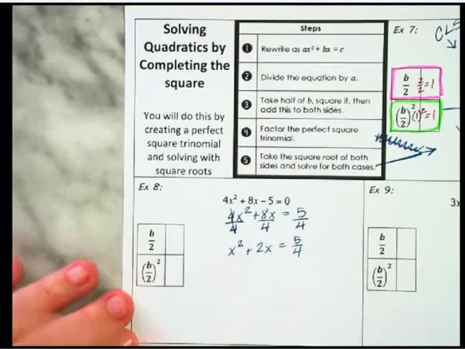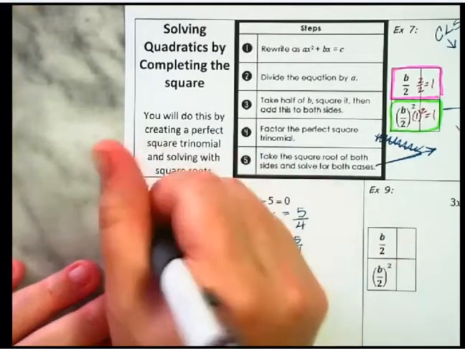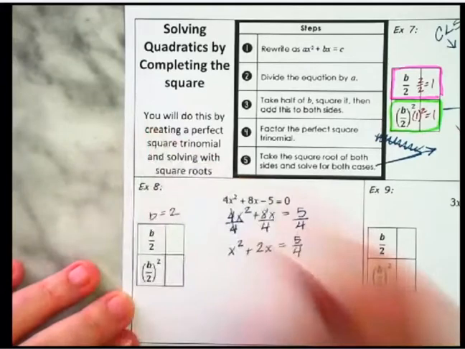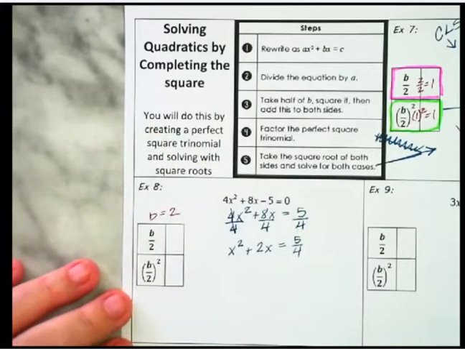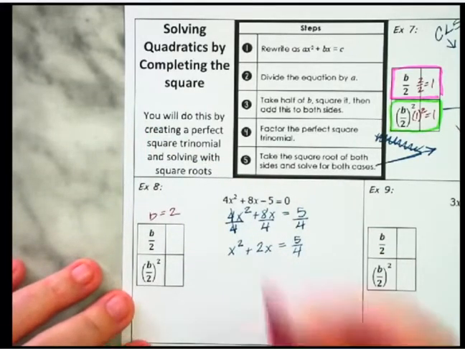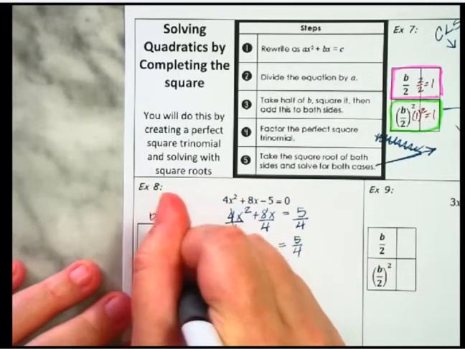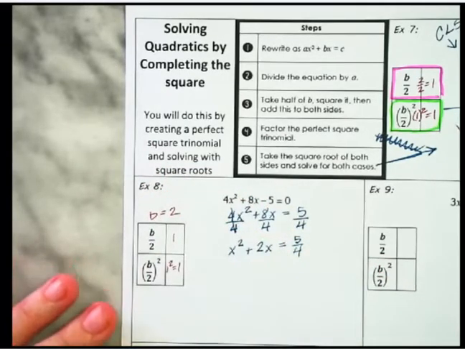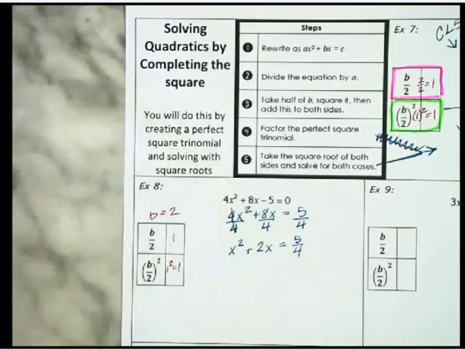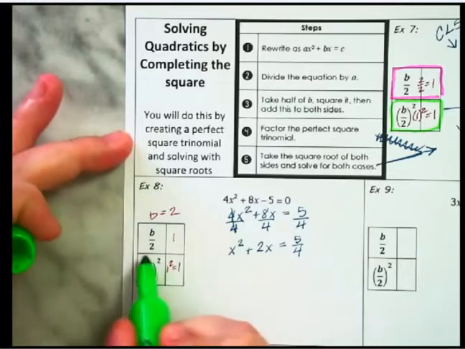Now I'm going to take the b value. B equals 2. Okay, so 2 divided by 2 is 1, and then 1 squared is 1 again. So here's what I'm going to do. On the left side and the right side, I take the green or the bottom value.